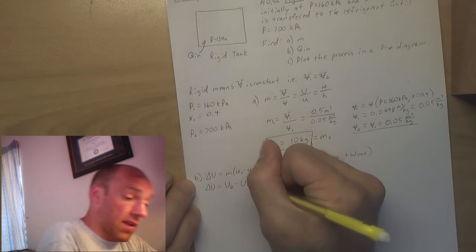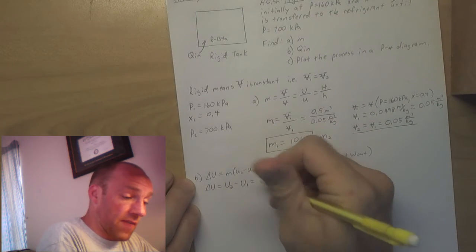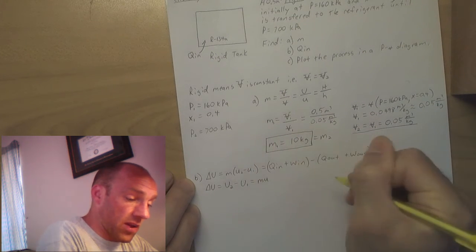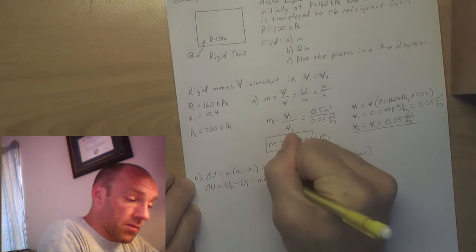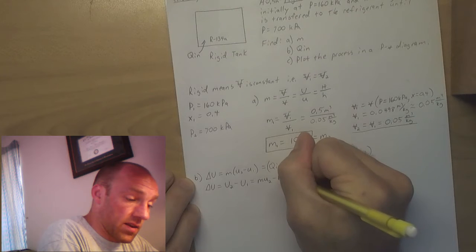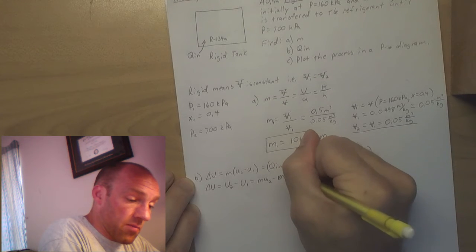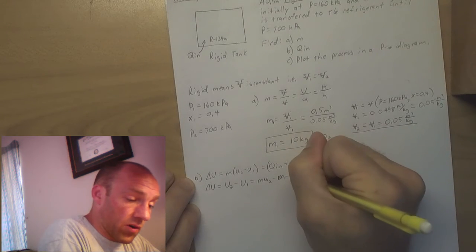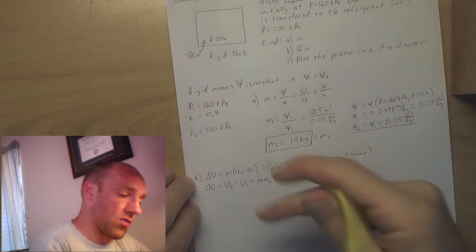And then by definition, that's the mass times the specific internal energy at the final state, minus the mass times the specific internal energy at the initial state.